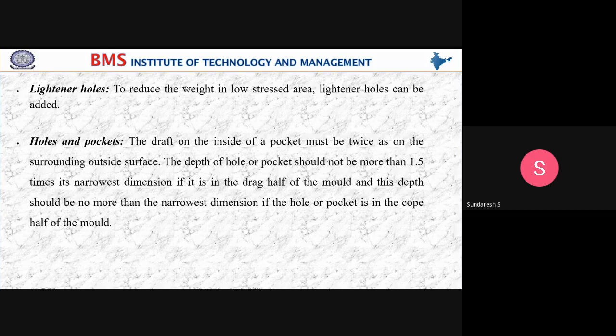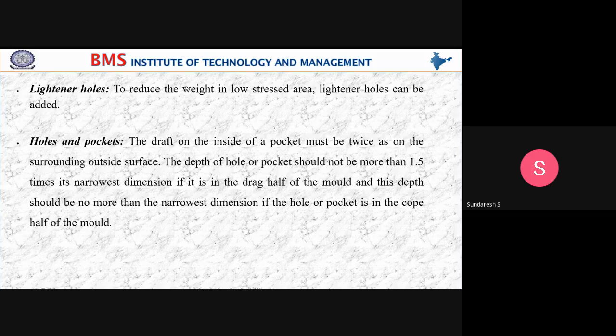This is a very important thing. The depth of the pocket should not be more than 1.5 times its narrowest dimension, if it is in the drag half of the mold. So if you find the pocket in the drag, the depth should not be more than 1.5 times its narrowest dimension.